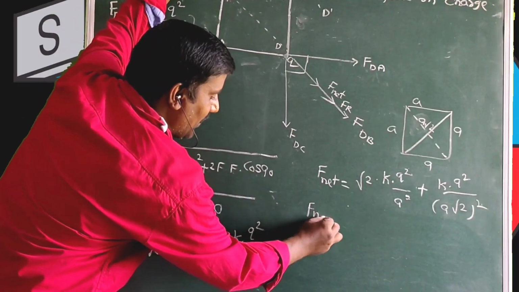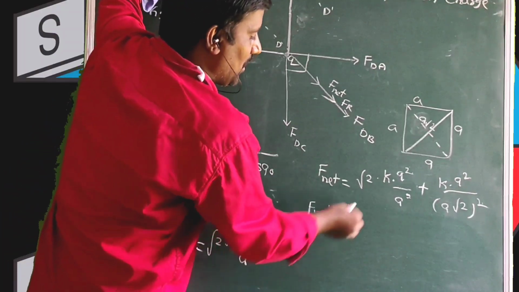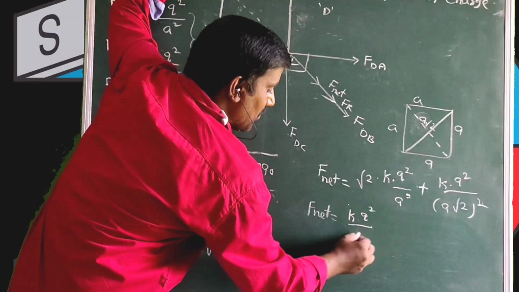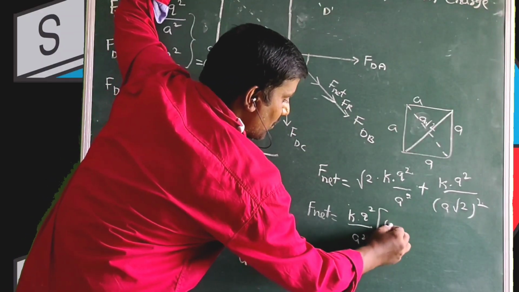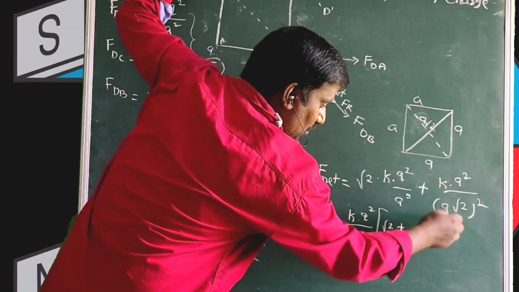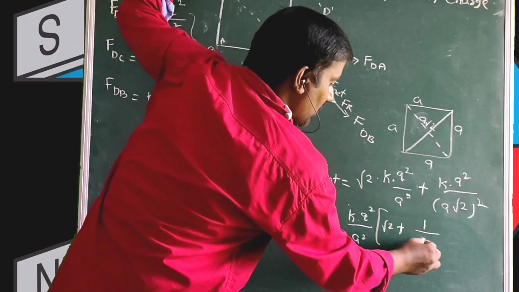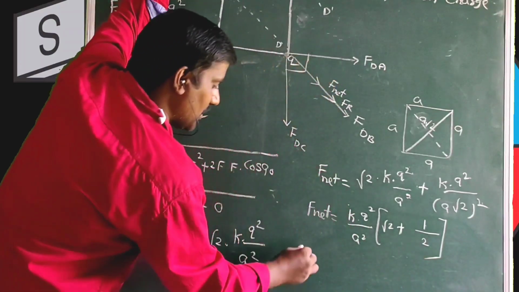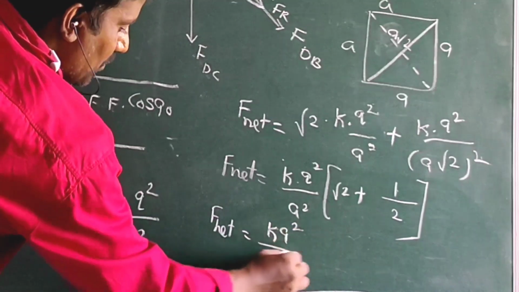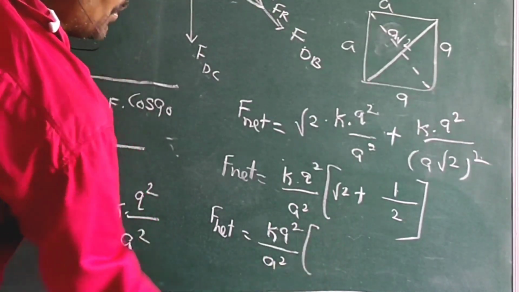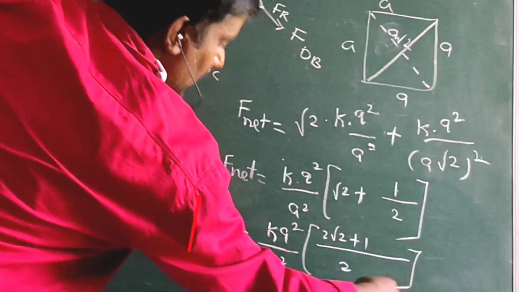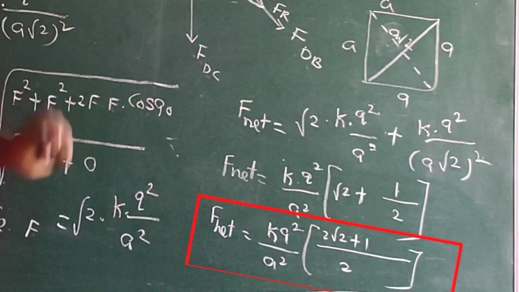Finally F net is equal to K Q square by A square, taking it common, into root 2 plus 1 by root 2 whole square. 1 by root 2 whole square is 1 by 2. So F net is equal to K Q square by A square into, with LCM 2, 2 root 2 plus 1 over 2. So this is the net force on charge D.